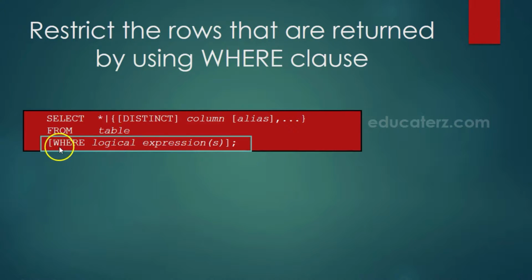We have also included the where clause, which is optional actually, where logical expressions. A where clause contains a condition that must be met, and it directly follows the from clause. Look at this. After the from clause, you can write the where clause. If the condition is true, the rows meeting the condition are returned.